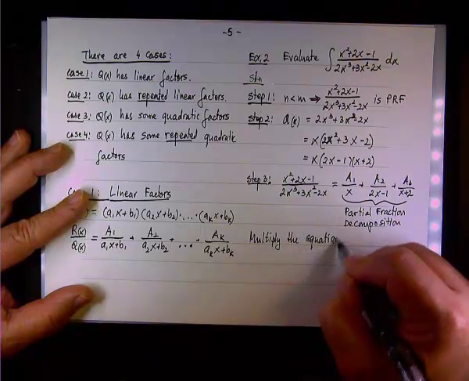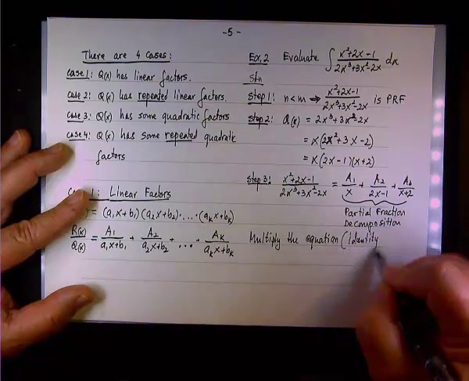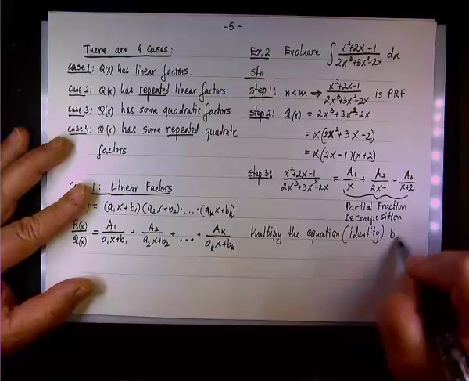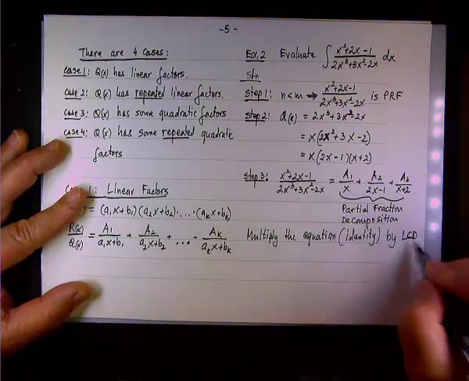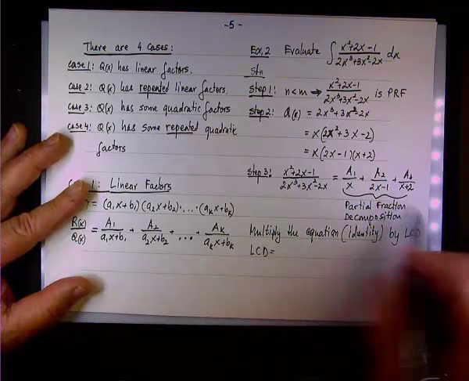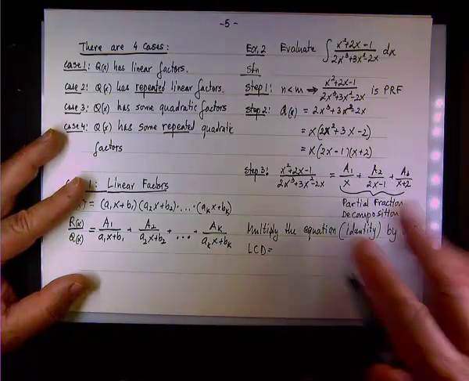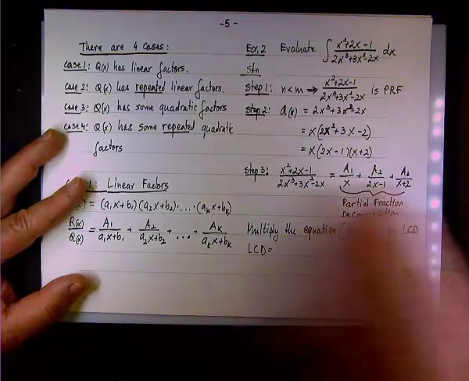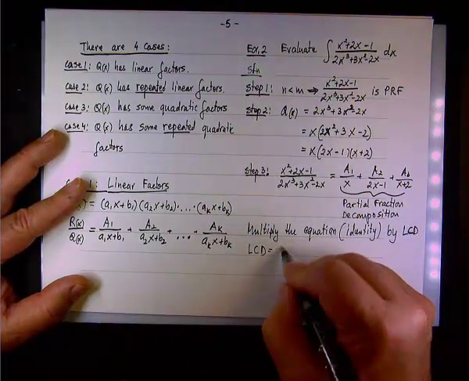So at this point I'll call it equation, but in parentheses I'll write identity, and I'll address this tomorrow. What we're going to do is multiply by the least common denominator. Okay? LCD.